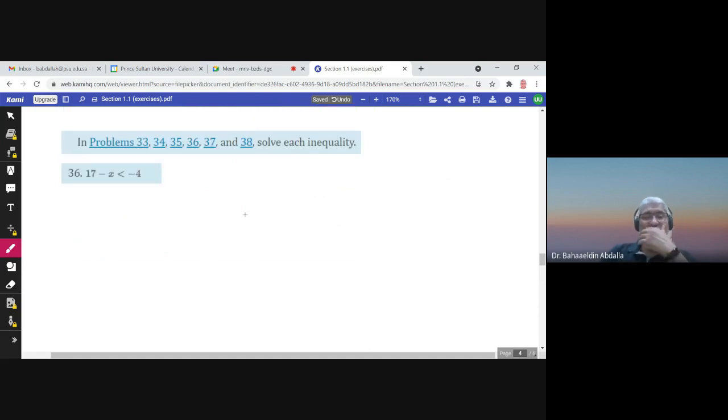These are some inequalities, and the question is solve. To solve the linear inequality, we need to leave x alone on the left-hand side. So take 17 to the other side. So it would be negative 4 minus 17. That's negative 21. Then divide by negative to have x alone here.